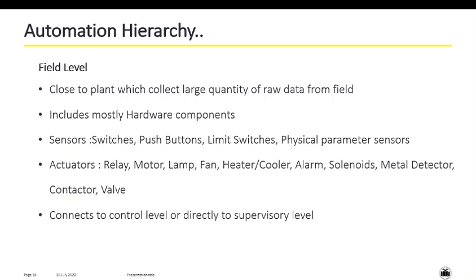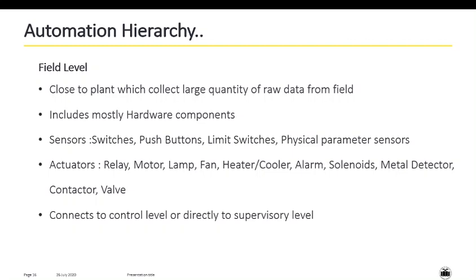Whatever information we are getting from the sensors, we have to connect it to the control level. The control level will process that information and send the appropriate action to the actuators, and the actuators have to behave in accordance with that. So the field level connects the signals to the control level, or directly connects signals to the supervisory level.